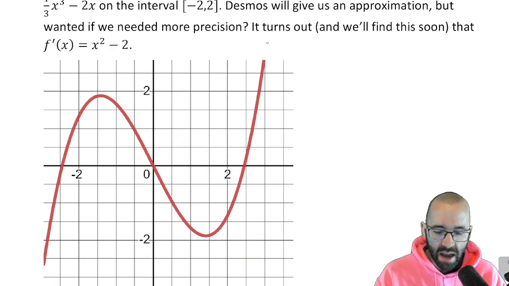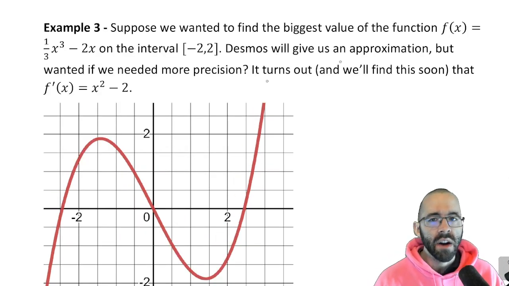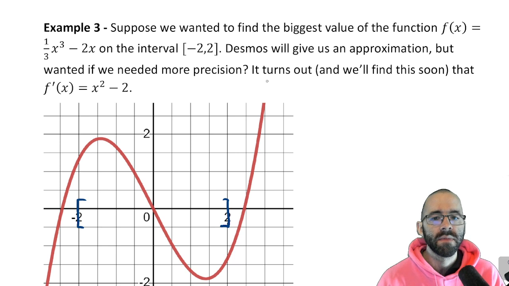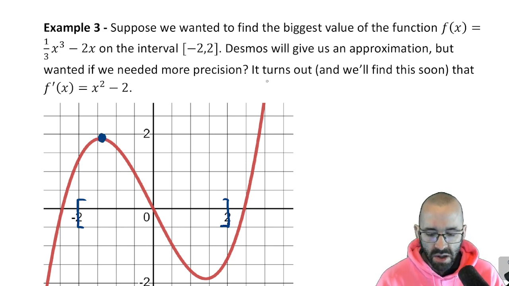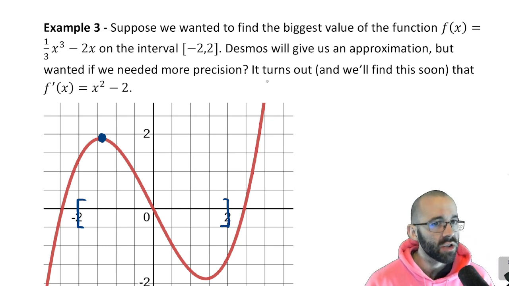So let's look at this example. Suppose that we wanted to find the biggest value of the function on the interval from -2 to +2. What's the biggest this function ever gets on this interval? We can use Desmos to give us an approximation. It looks like it's around here, close to -1.5. But what if we needed more precision?